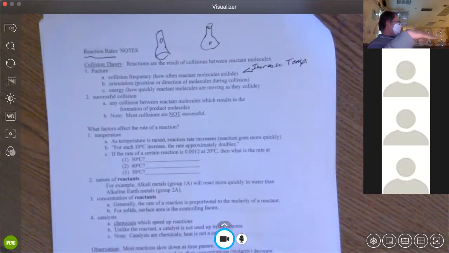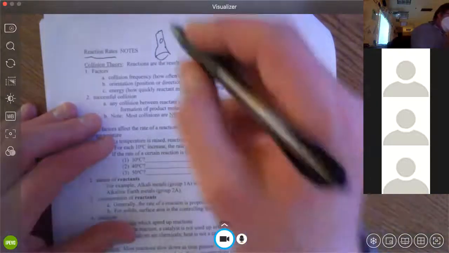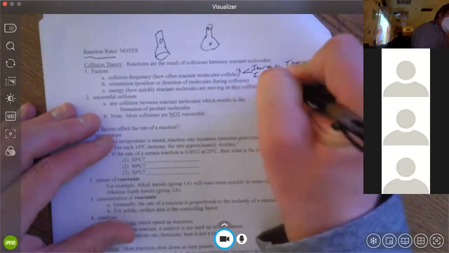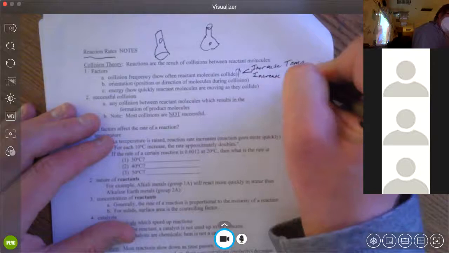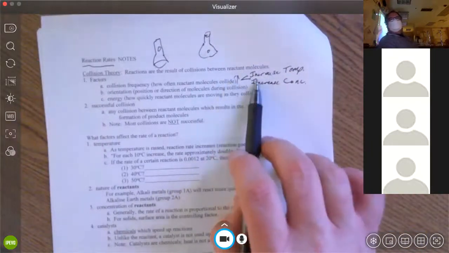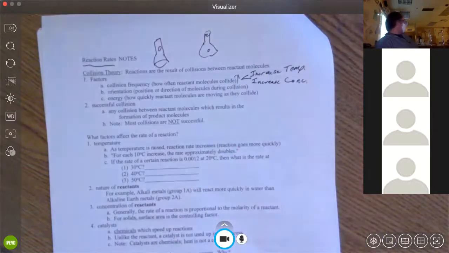What has happened? We've increased the what? Molarity, which means we've increased the concentration. So that means that if we wanted to make these things go down, we could decrease temperature and decrease concentration by adding more solvent.